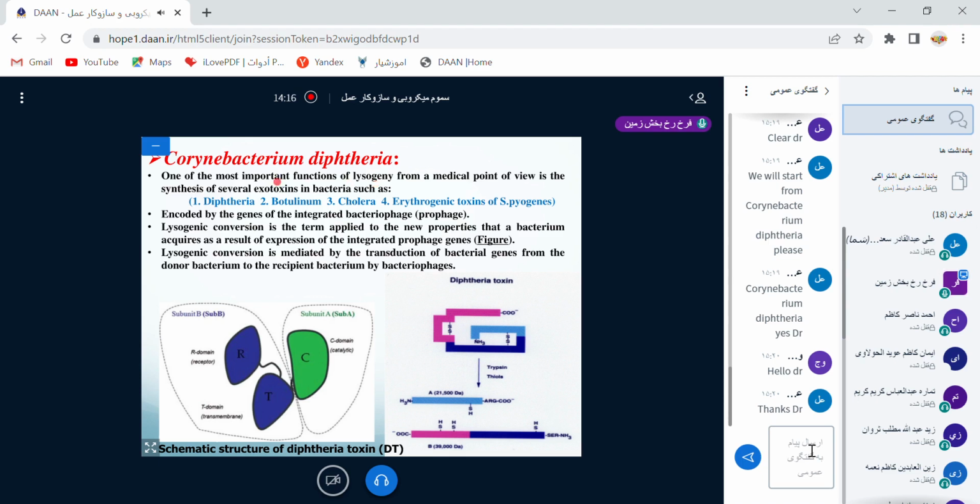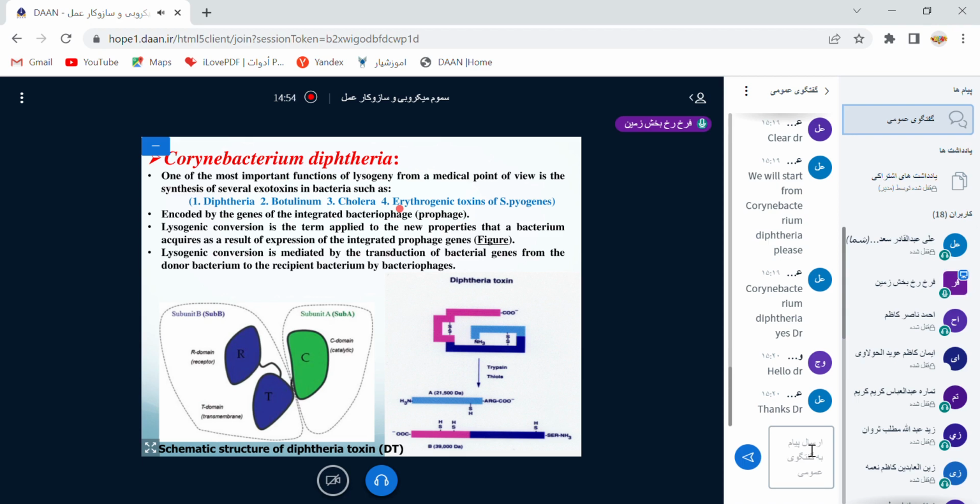So as you see, one of the most important functions of lysogeny from a medical point of view is the synthesis of several exotoxins in bacteria, such as the causative agents for diphtheria, botulinum, cholera, and the erythrogenic toxins of Streptococcus pyogenes.